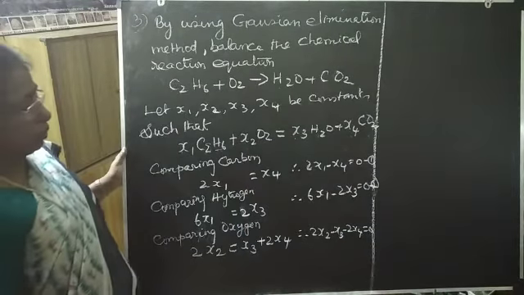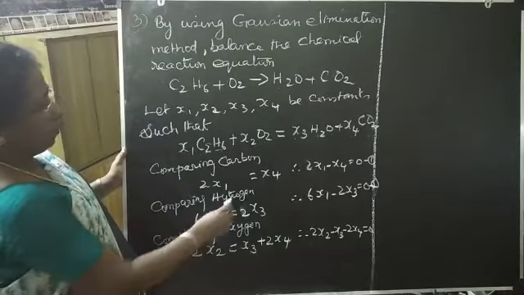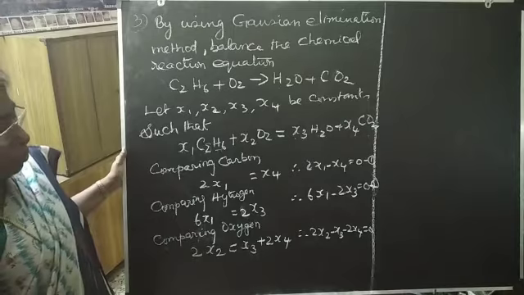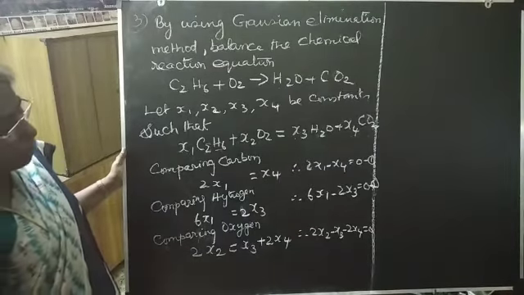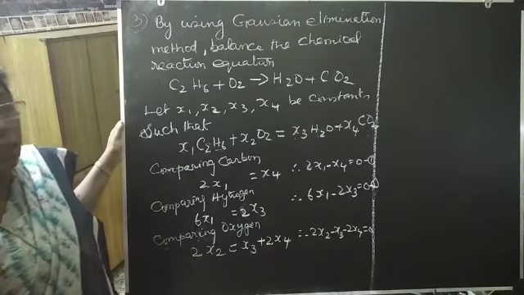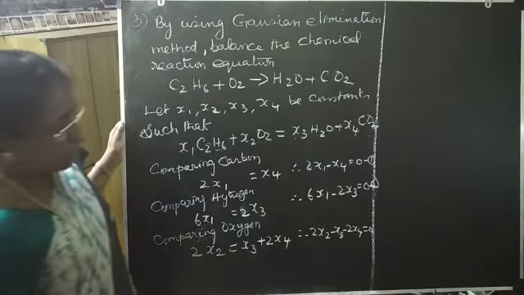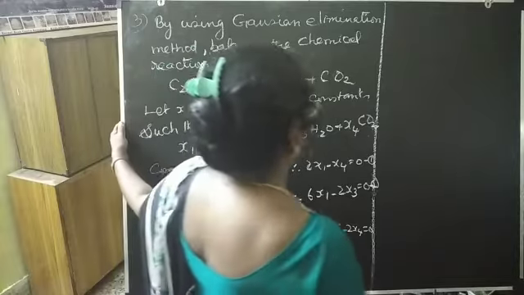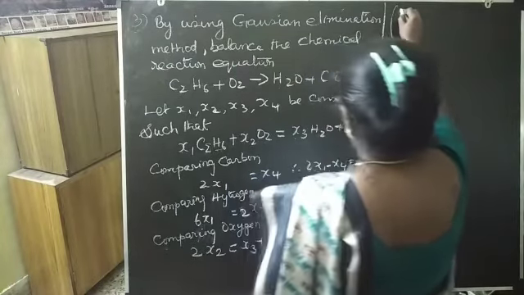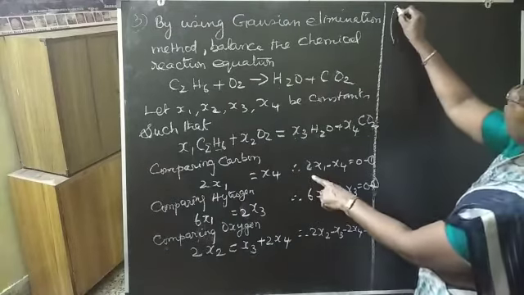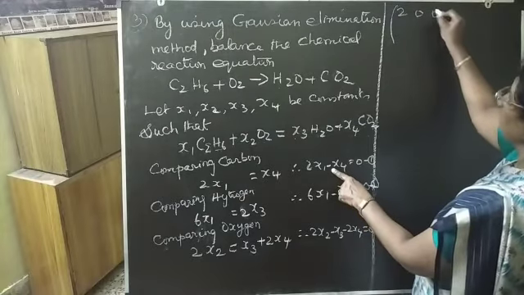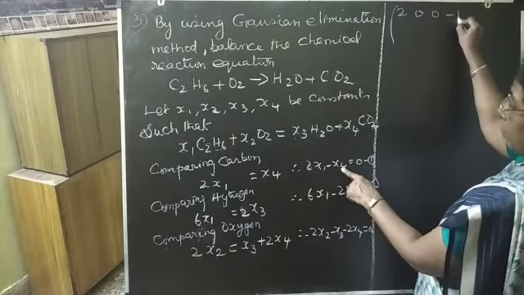Now we are going to eliminate the variables x1, x2, x3, x4, writing the equations in matrix form, and solve for x1, x2, x3 and x4. Writing in matrix form, the first equation: x1 is 2, x2 is 0, x3 is 0, x4 is minus 1.